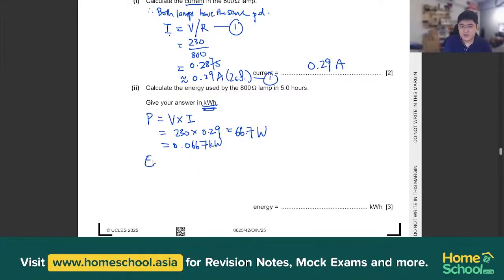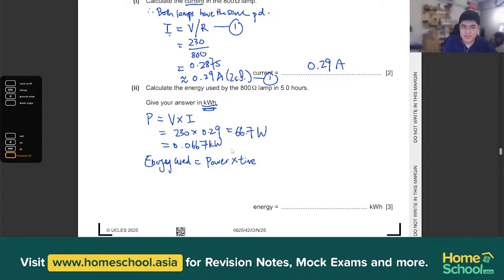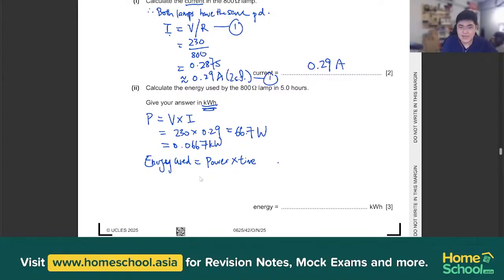So energy used is equal to power multiplied by time. And this is equal to 0.0667 multiplied by 5 hours, which is equal to 0.3335.